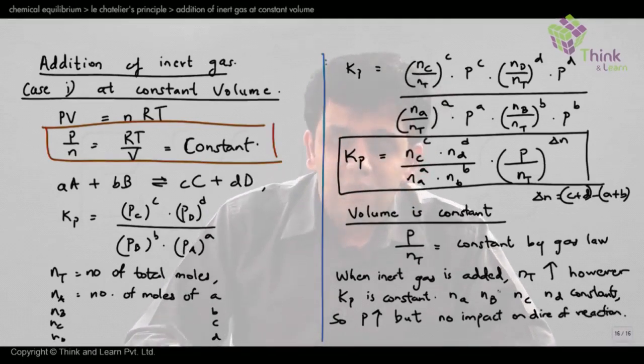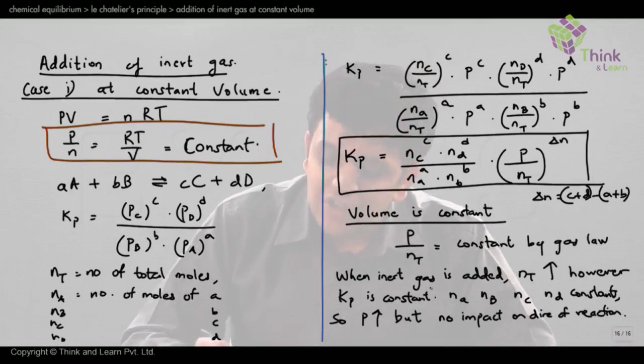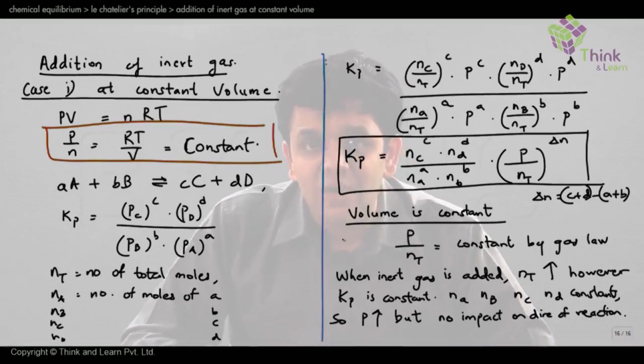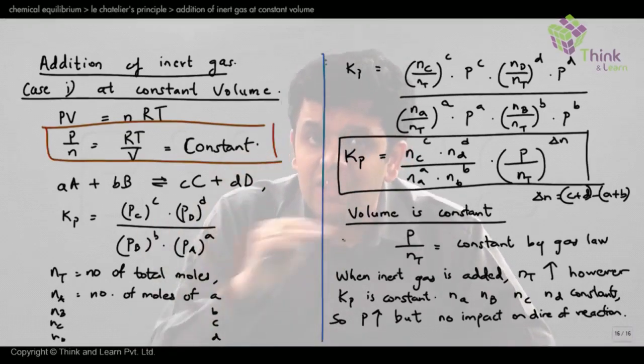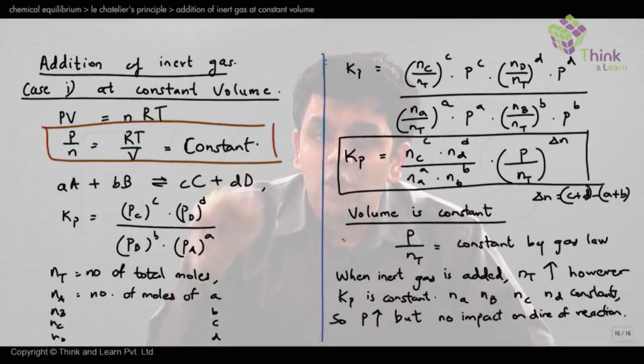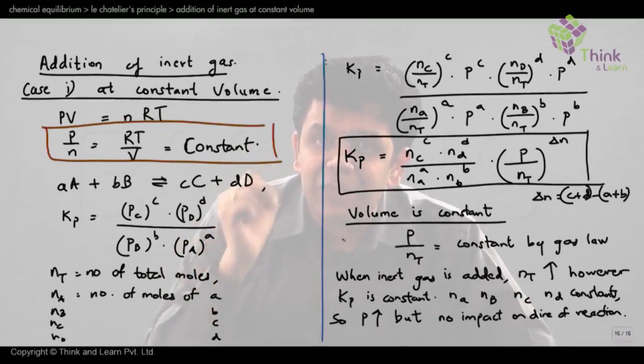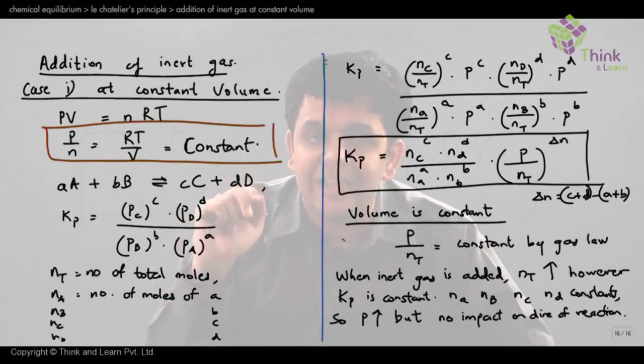So at constant volume and addition of inert gas, even if delta n is greater than 0, equal to 0 or less than 0, there will be no impact on the direction of the reaction. What will just happen is that the pressure will increase or decrease so as to counterbalance the change in Nt.